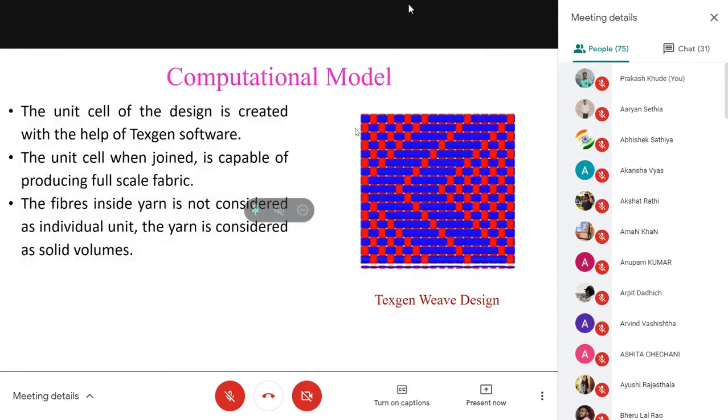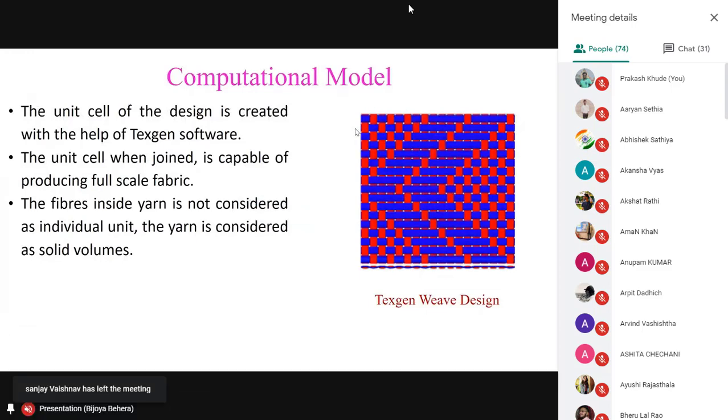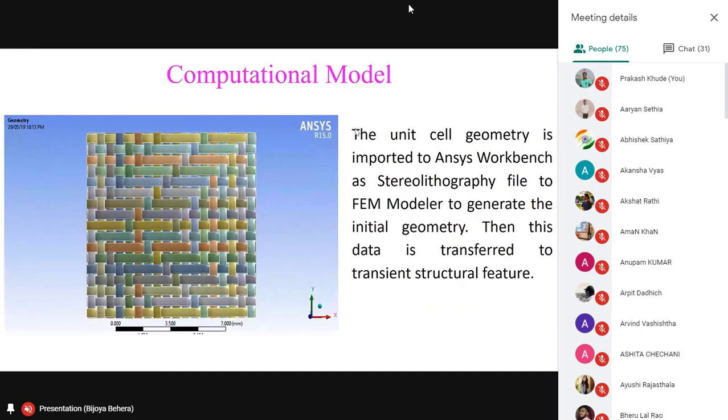You can also predict this NPR value by a computational model, which we have developed here using a software called TexGen, developed by Manchester University. This is not our software. And I'll show you, see, this is the original fabric. It is subjected to stress in one direction.